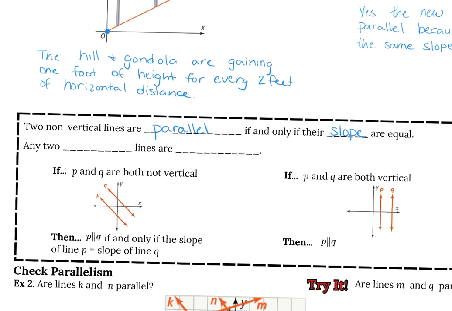Any two vertical lines are parallel. Vertical means it is going straight up and down, so it has to be parallel.